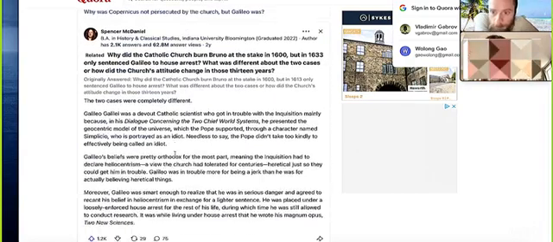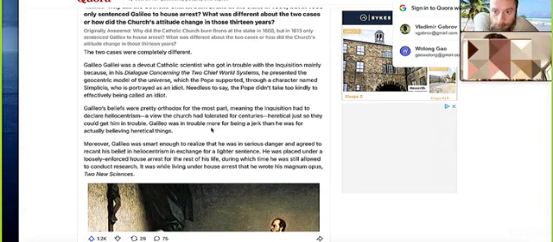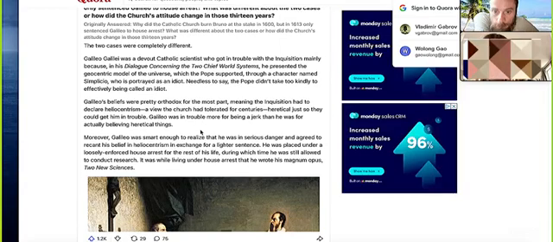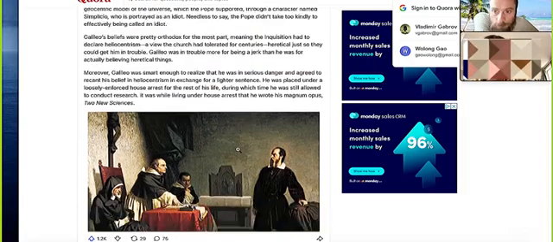So Galileo was smart, and he agreed to recant in exchange for a lighter sentence. So he was under house arrest until the rest of his life.